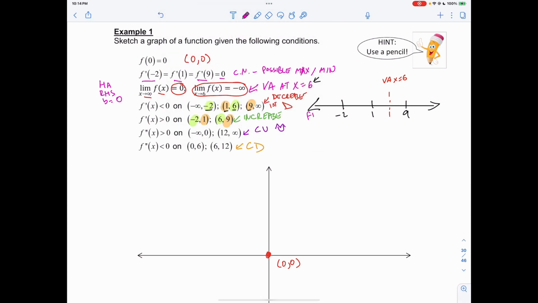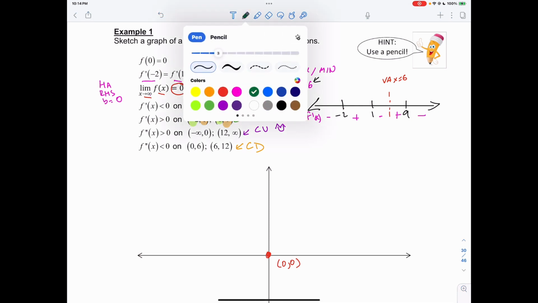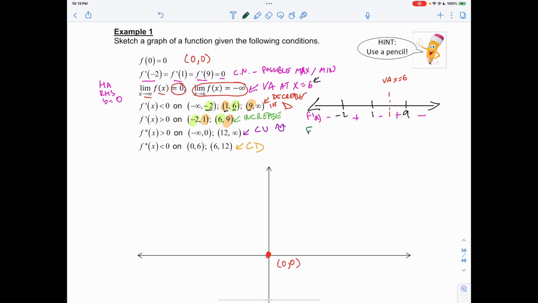Our f prime of x went from negative to positive to negative to positive to negative, which means our f of x is decreasing, then increasing, then decreasing, then increasing, then decreasing.